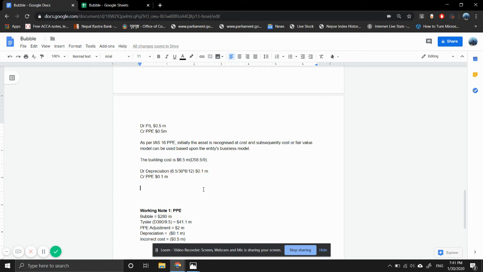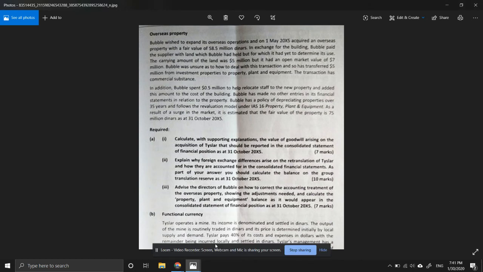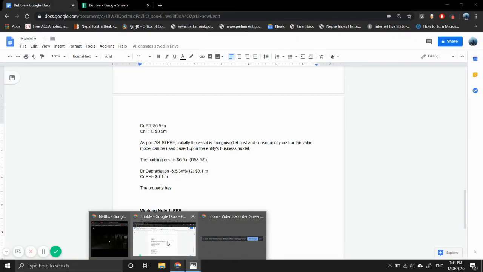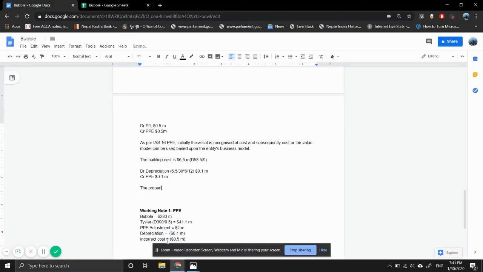Right, that's what it is. The property's fair value has surged and is currently 75 million.